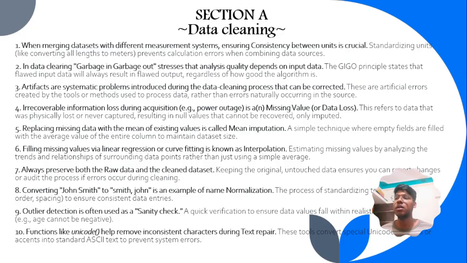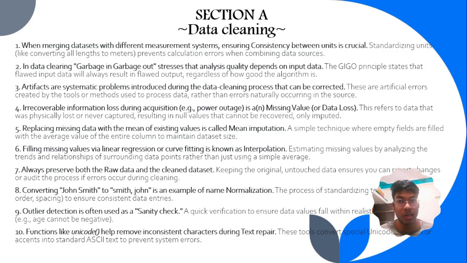Moving further comes mean imputation. So moving to question 5, you have a spreadsheet of employee ages, but a few cells are blank. If you just delete those rows, you lose valuable information. A simple fix is to look at the average age for everyone else.